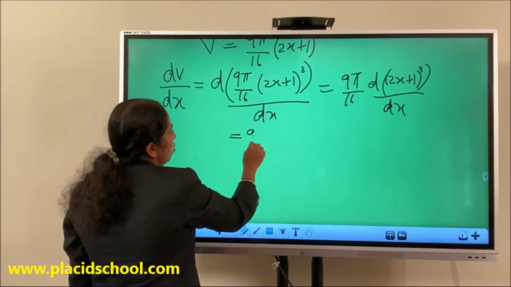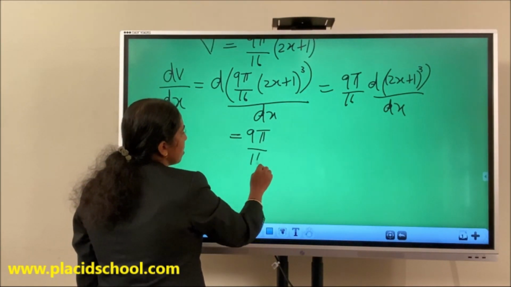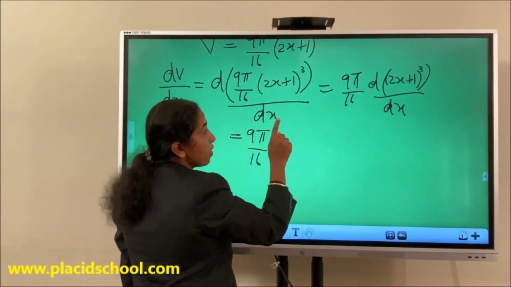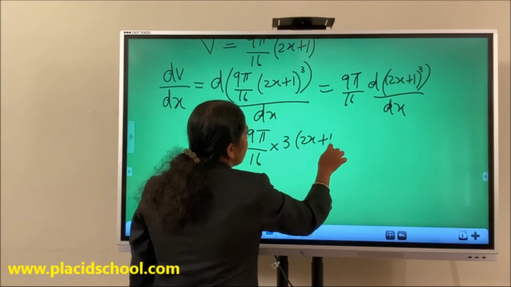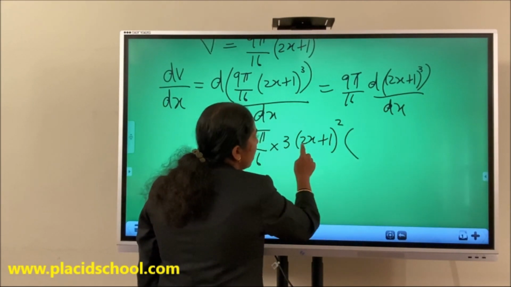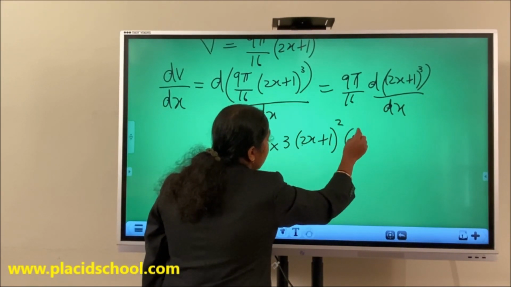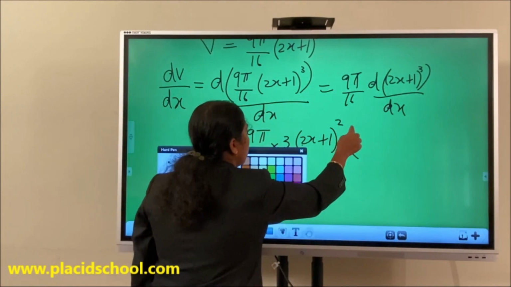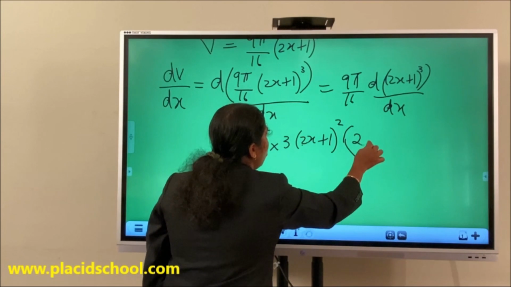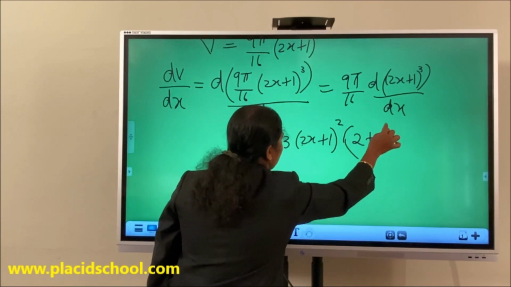This is equal to 9π/16 into 3 times (2x + 1)² into the derivative of 2x + 1. The derivative of 2x is 2, plus the derivative of a constant is 0.